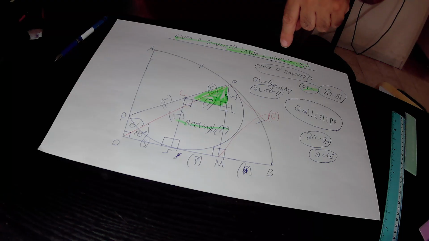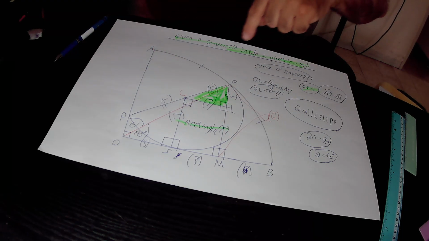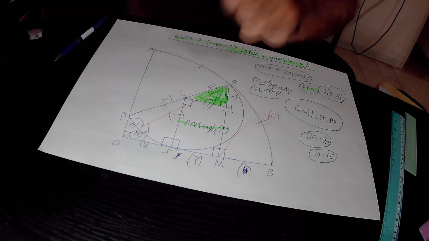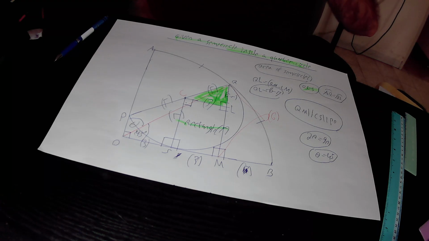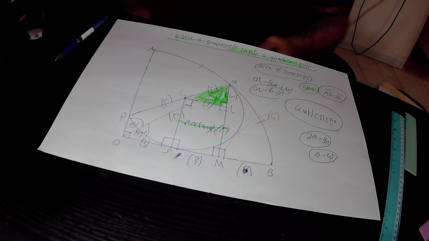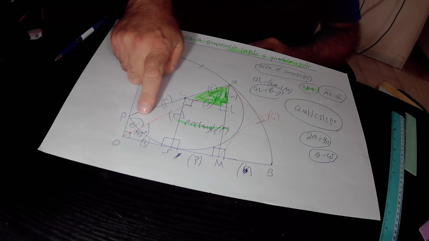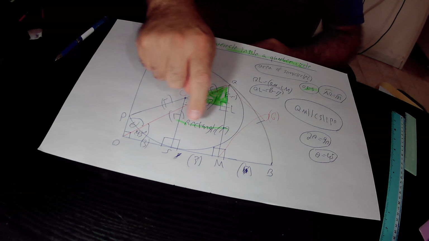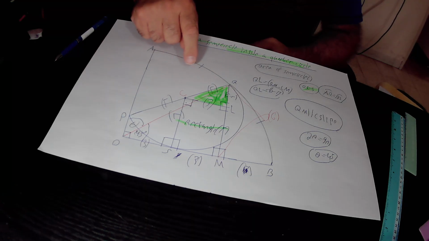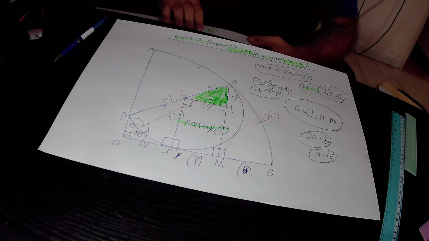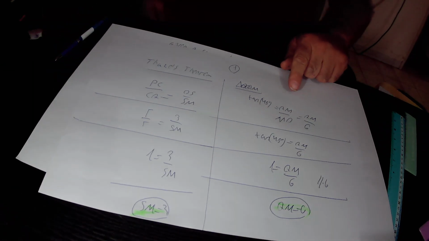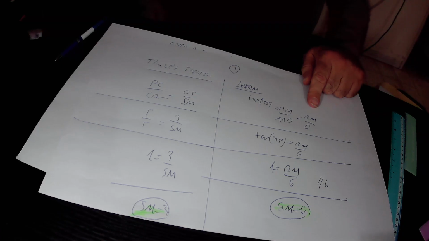So in total, we found that angle QOM in the right triangle QOM equals 45 degrees. In the next step, we focus on the right triangle QOM. In the right triangle QOM, tangent 45 degrees equals QM over OM.